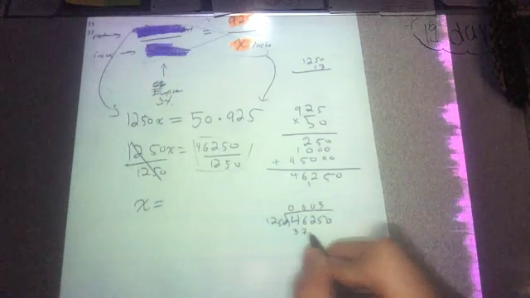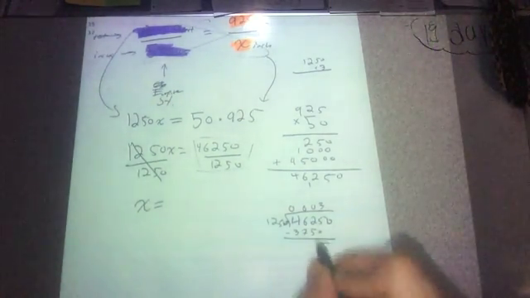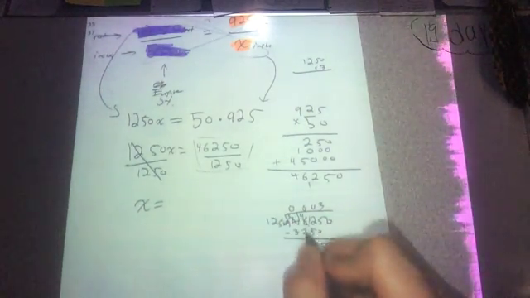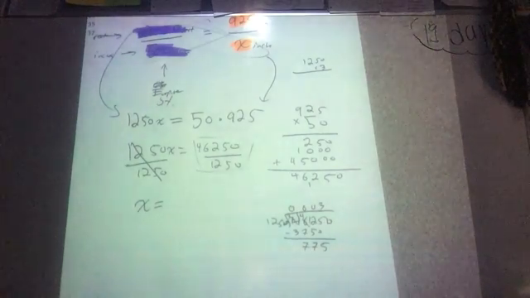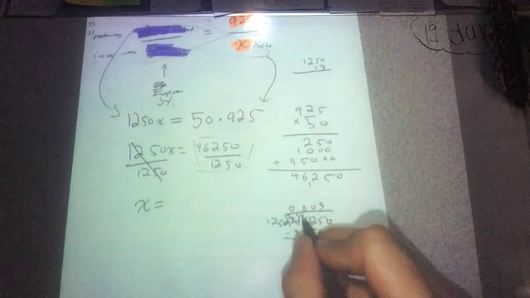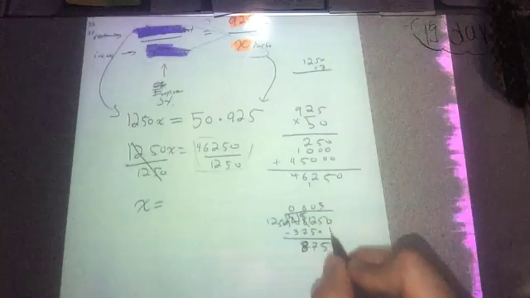Okay, 4625 minus 3750, so it's 5. Just doing the subtraction. Hope I don't make a mistake. That should be a 5. Good, that's right. 875.